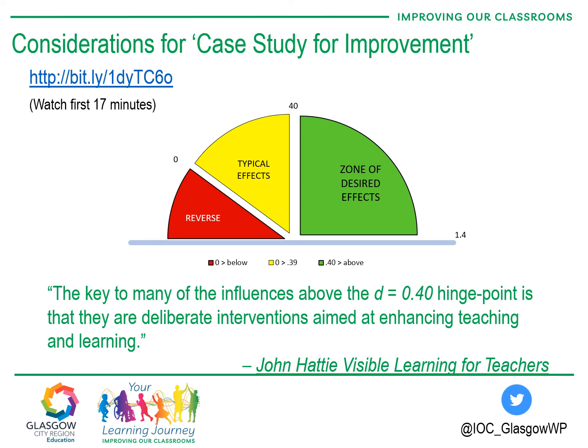But I think here this just reminds us that we don't want to be typical in our interventions. We don't want to be below that 0.4. We want to have something that's certainly at least our 0.4 hinge point, and that you can choose an intervention that will indeed enhance the teaching and learning in your class.